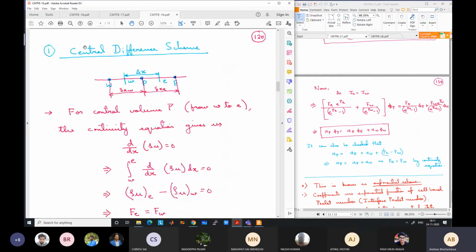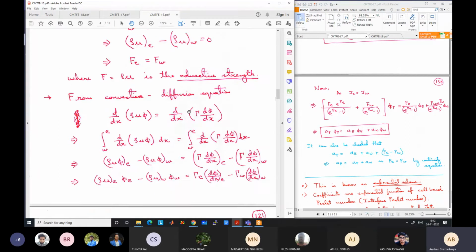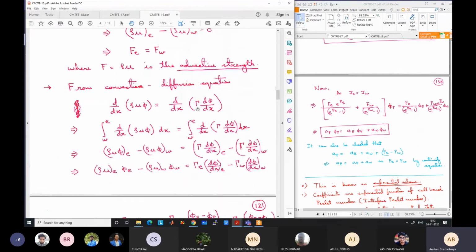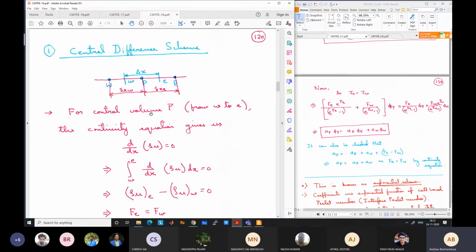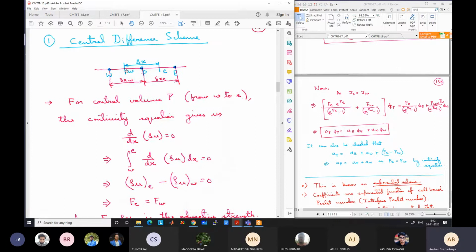So we started with a scheme called the central difference scheme. I will not go into it, because we have already covered this; I am just giving a background. Basically, at the interface, we defined the flow field or the interpolated advective strength at the interfaces as an average of the grid point values.